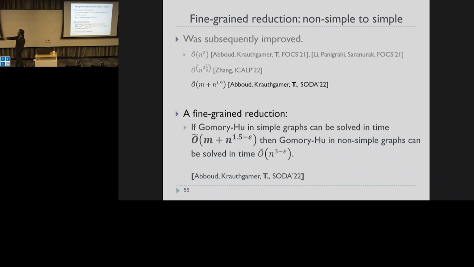So if Gomory-Hu tree in simple graphs can be solved in m plus n to the 1.5, or even slightly faster than that, then you would have a breakthrough in non-simple graphs, right? So it's a reduction from non-simple to simple. Then if you have a fast algorithm for simple, you get a breakthrough there. So you might as well just think about that problem instead of just getting incremental improvements.